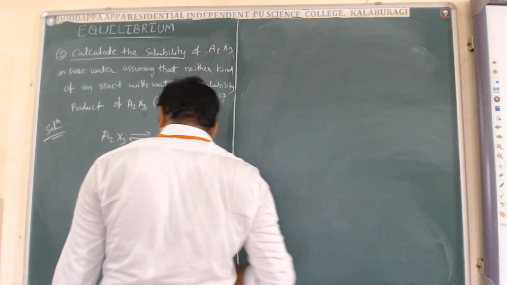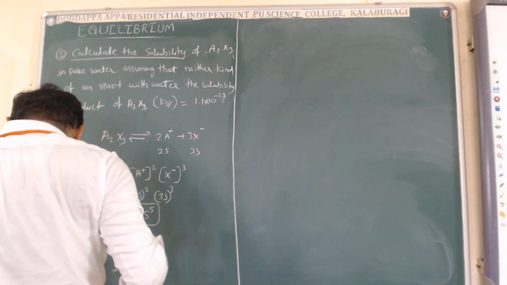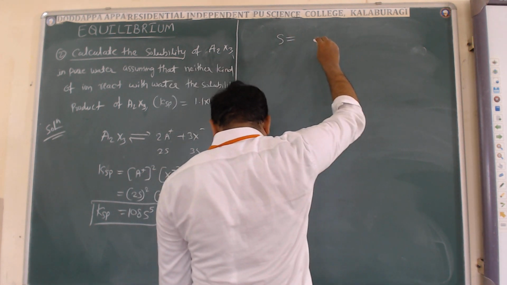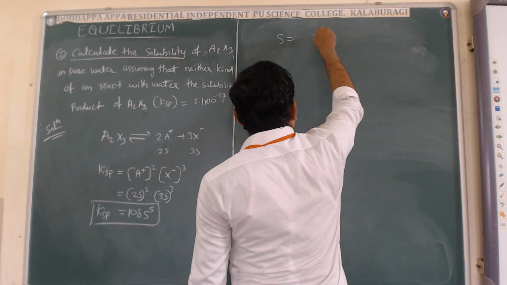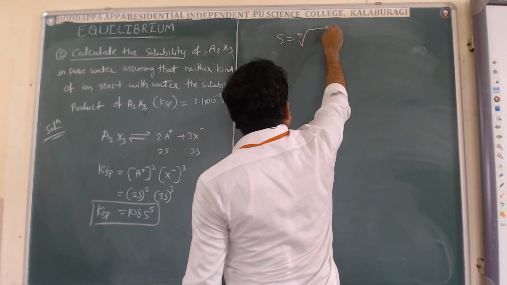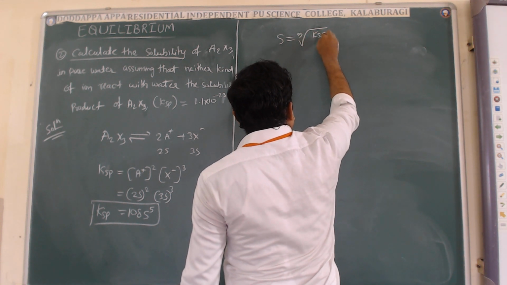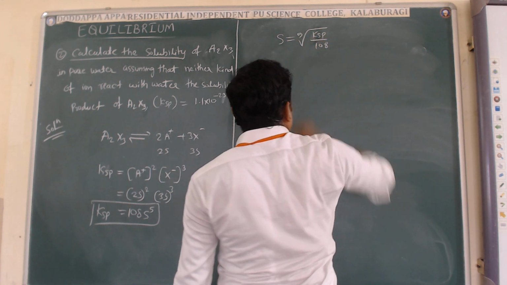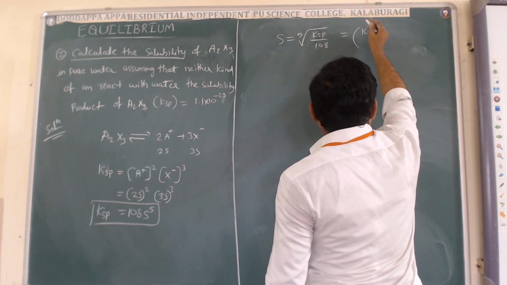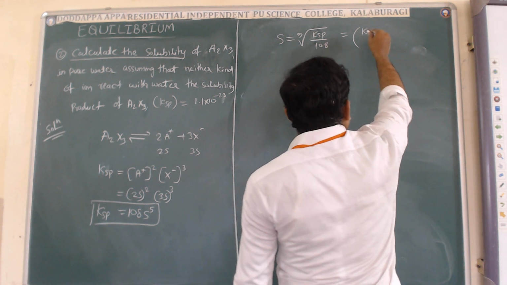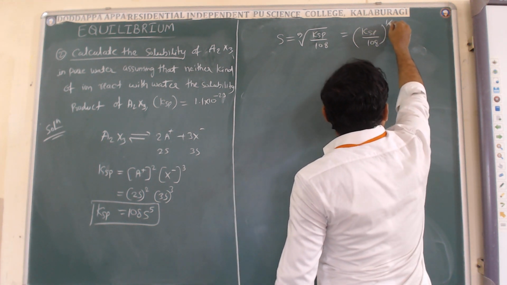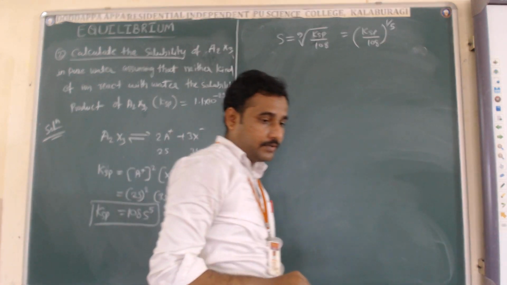So when you know the KSP is equal to 108 S raised to 5, then you can write down S is equal to the fifth root of KSP divided by 108. Otherwise, it can also be written as KSP divided by 108, raised to 1 by 5. Like that also we can write here.